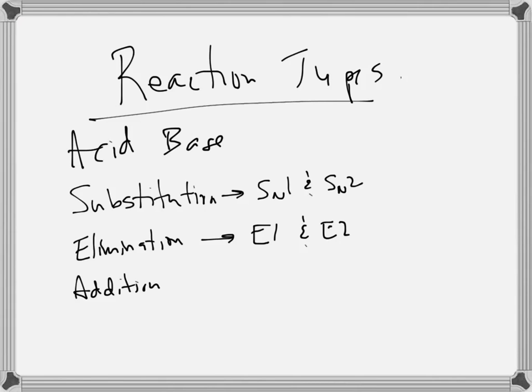Okay? So each mechanistic step, when you move to the more complex functional groups, can be classed according to these different reaction types. So being able to identify the reaction types becomes exceedingly important. Okay? So you will get tested on that for the rest of these exams.